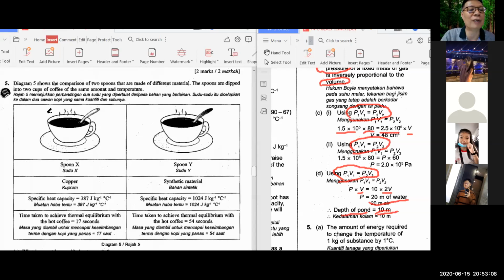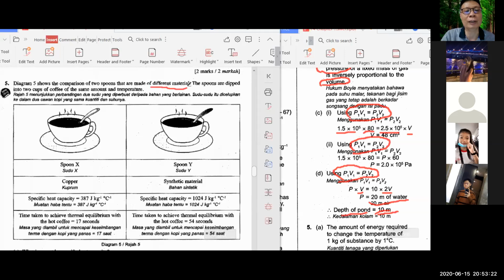Okay, come. Question number 5. The diagram shows the comparison between 2 spoons. Here got 1 spoon, here got another spoon, made of different material. The spoons are dipped into 2 cups of coffee. The coffee is the same, same amount and same temperature.